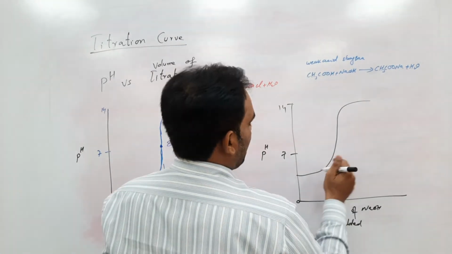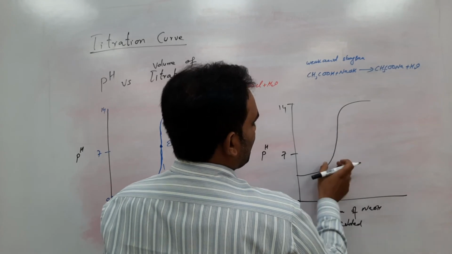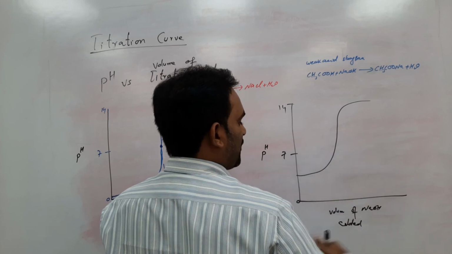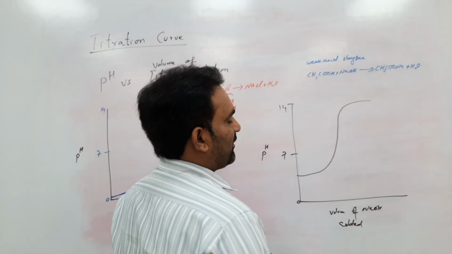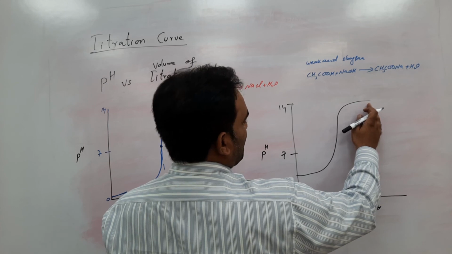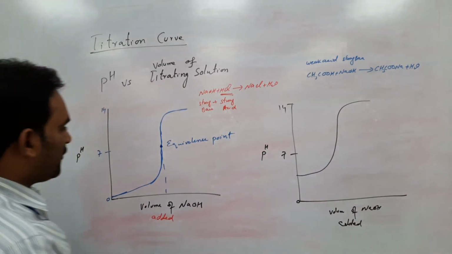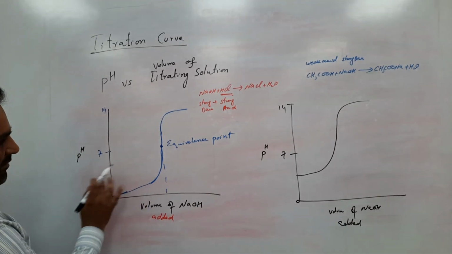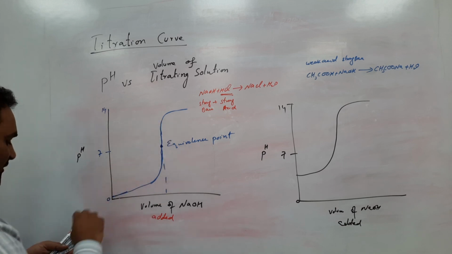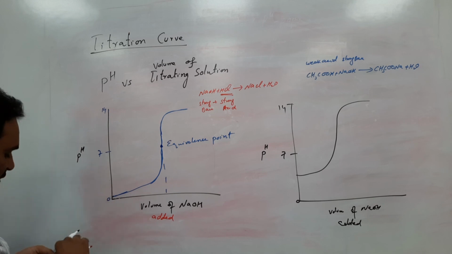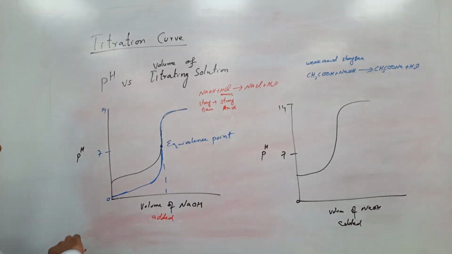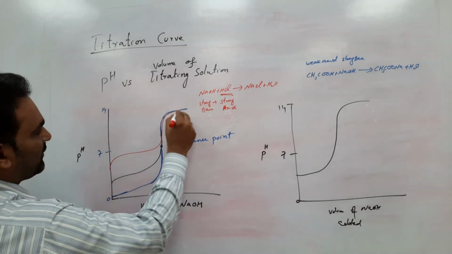After some points, it will pass through a neutral pH, and because you are adding sodium hydroxide, it will finally give you a solution with a strong base, because its pH will be high. You can also make a curve with the change in concentration of acid. If you have a strong acid, your curve will be like this. If you have a weak acid, your curve will be like this. If you have an even weaker acid, your curve will be like this.